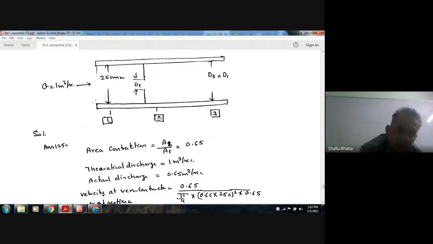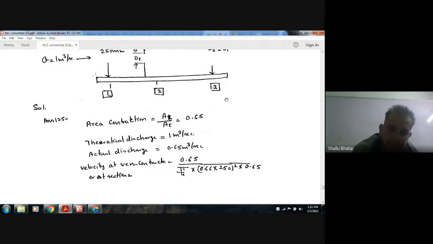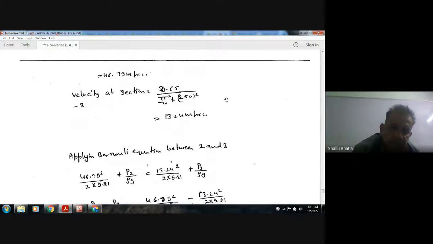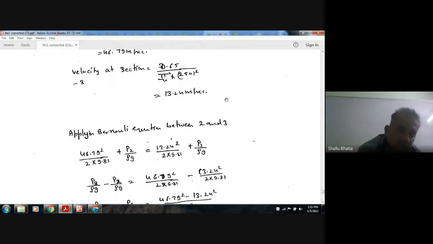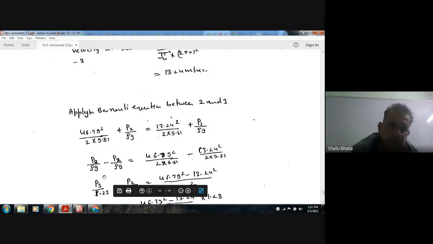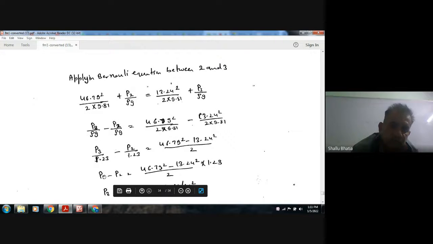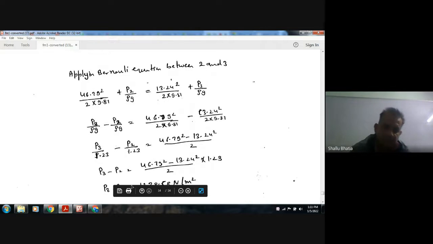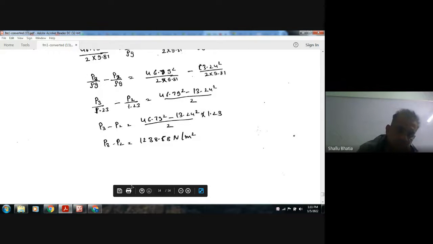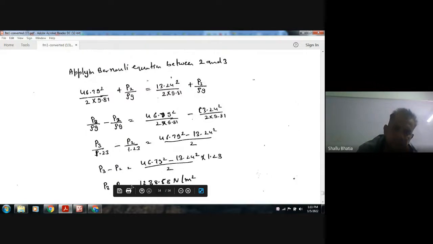So applying Bernoulli's equation between 1 and 2, and between 2 and 3, from this we can have the pressure difference. P2 and P3 are known, so we can find the difference.